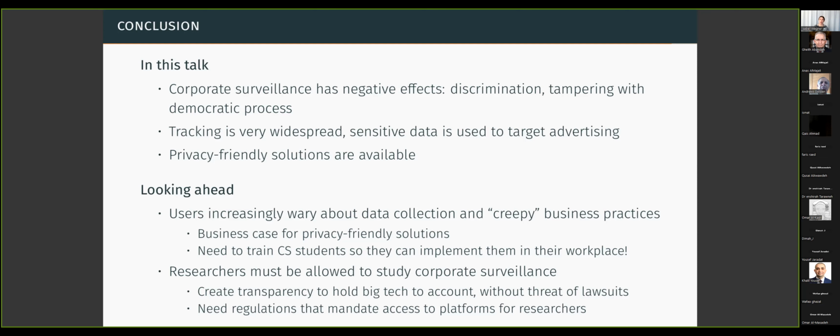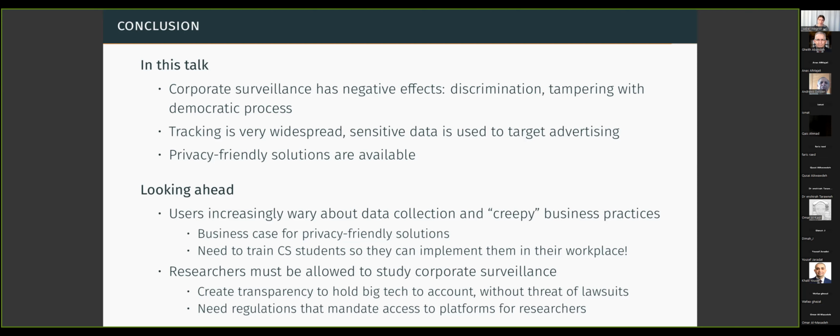But then on the side of the academics, this means we actually need to train computer science students so that they can become those privacy engineers to implement those solutions one day in their workplace. If we don't train people to consider privacy and know about the solutions that are there, then it will be very hard to have them implemented in the real world.